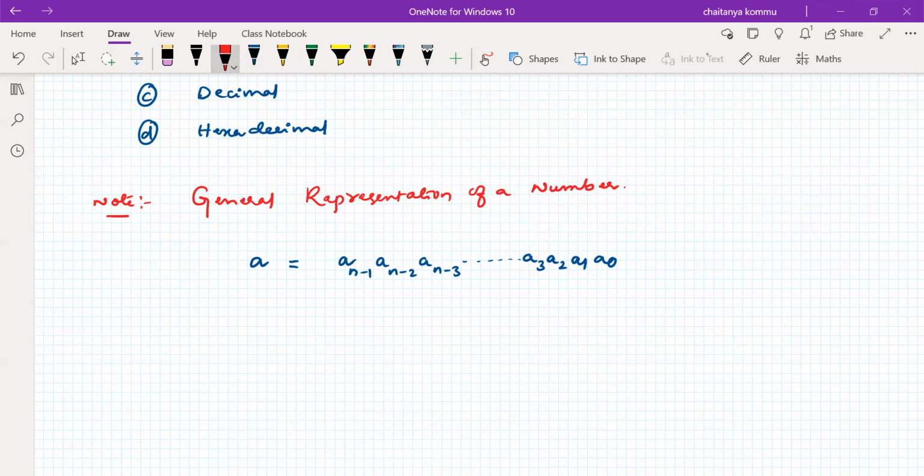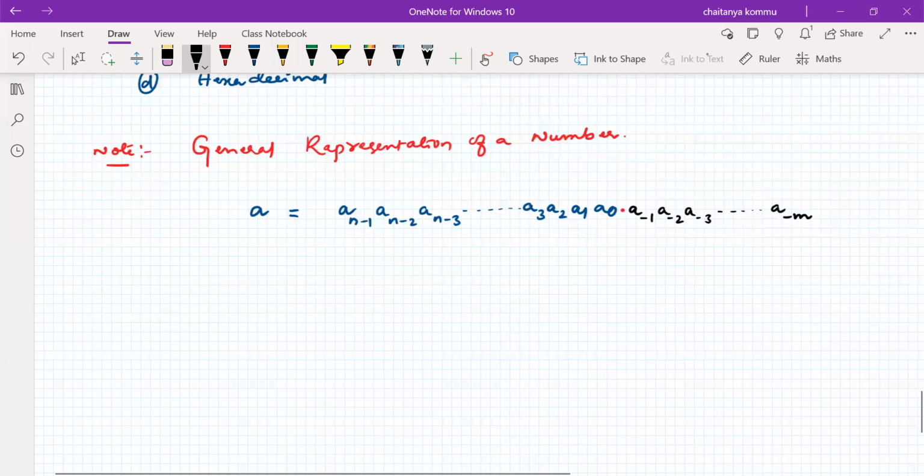If you want to put a decimal point here also, sometimes we write numbers like 72.50, 73.20, something like this. That is also possible. Those are A(-1), A(-2), A(-3), and so on up to A(-m). So it is a complete number, having an integer part and a fractional part also.